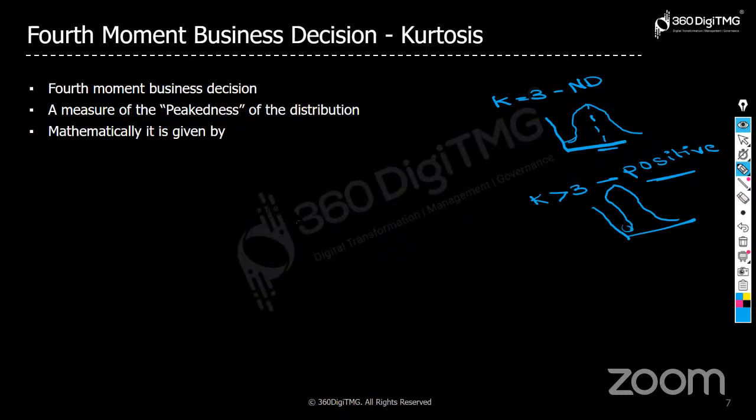This is nothing but positive kurtosis. And coming to negative, when kurtosis is less than 3, that is called negative kurtosis. And when we plot a data distribution for this, the width will be more.